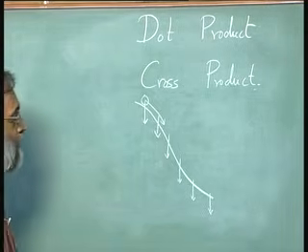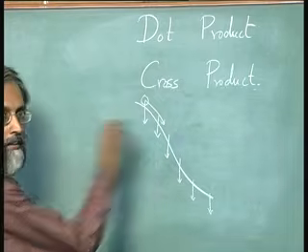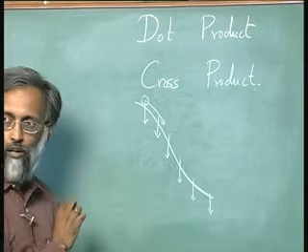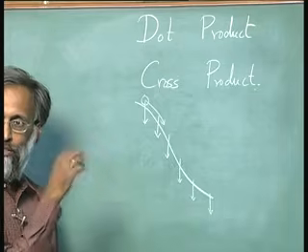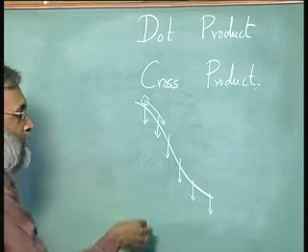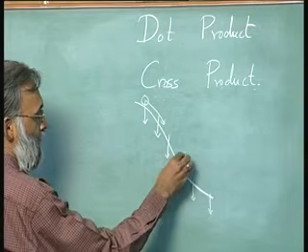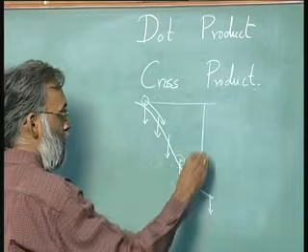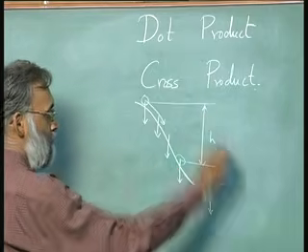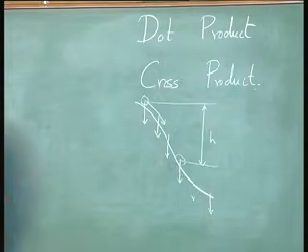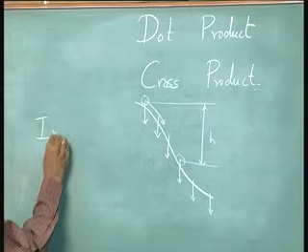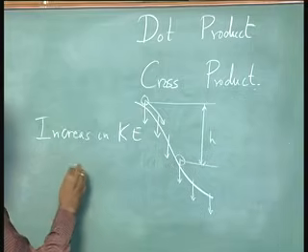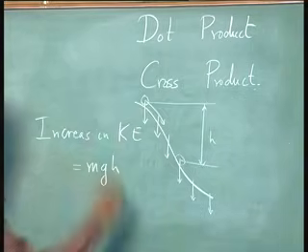And we know that if this were frictionless, the kinetic energy of the ball, if you add up both the rotational energy and the falling energy, when it reaches here is related to the loss of potential energy. So, we know that increase in kinetic energy is equal to mgh.